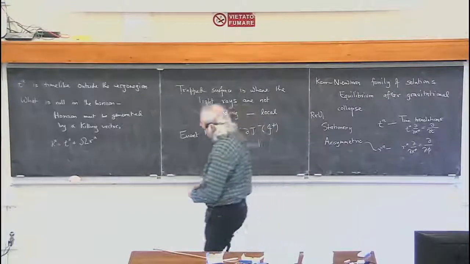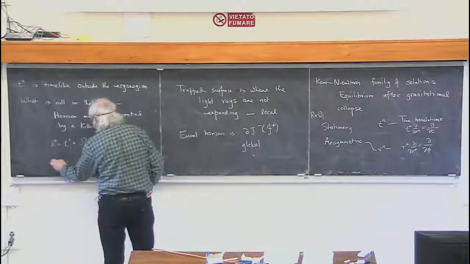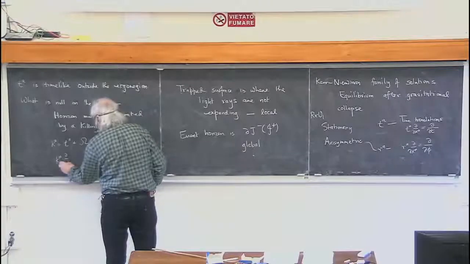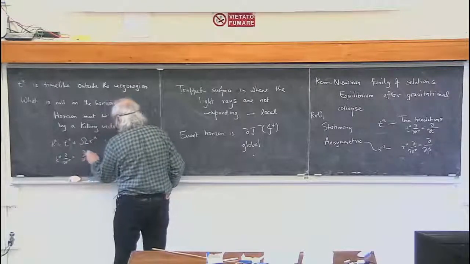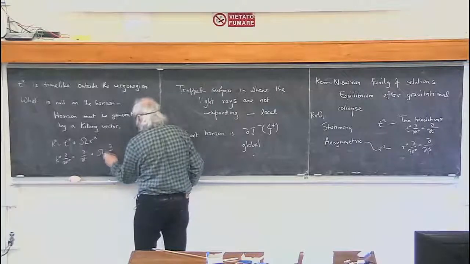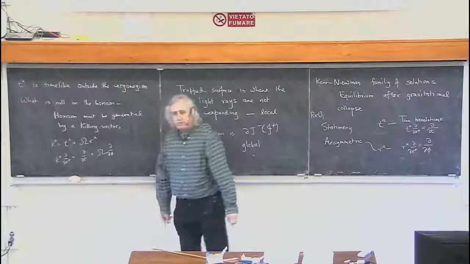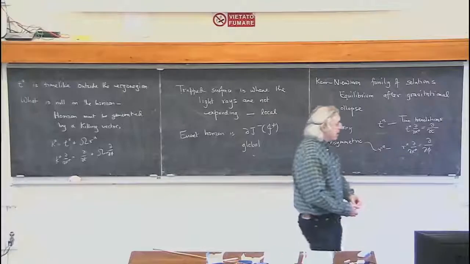Another way of writing this would be to say that K^a d/dx^a is equal to d/dt plus omega d/dphi, and so you can see that omega basically behaves like an angular velocity.